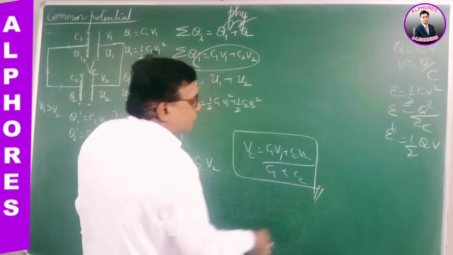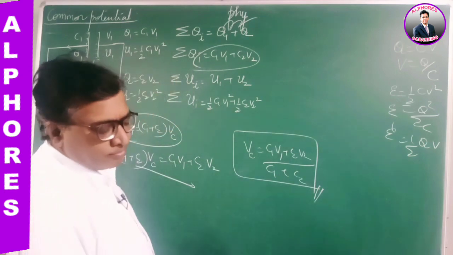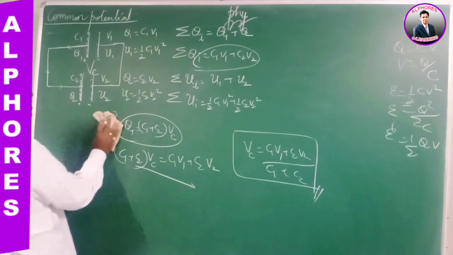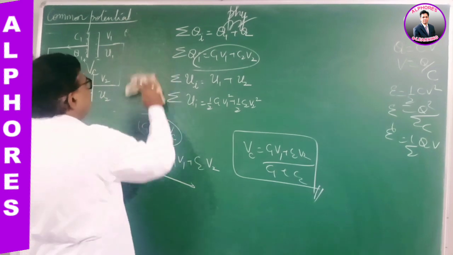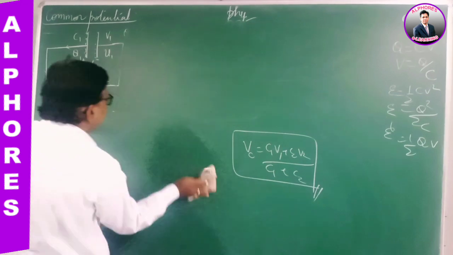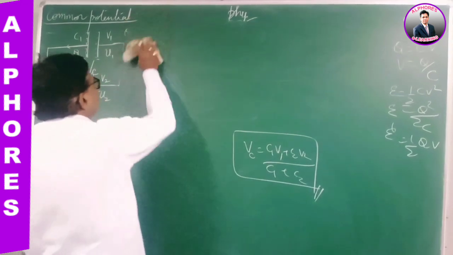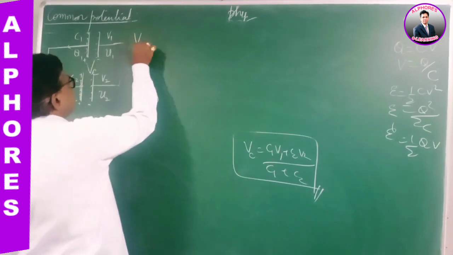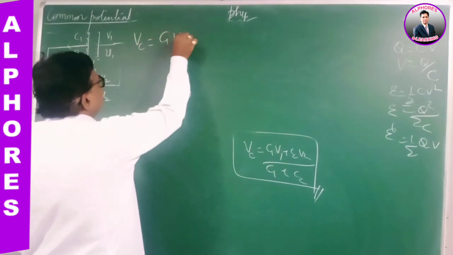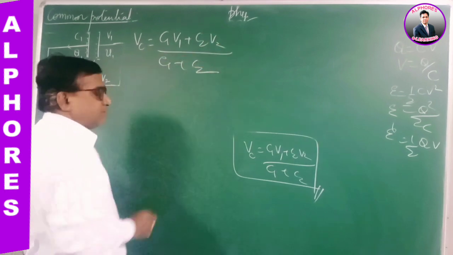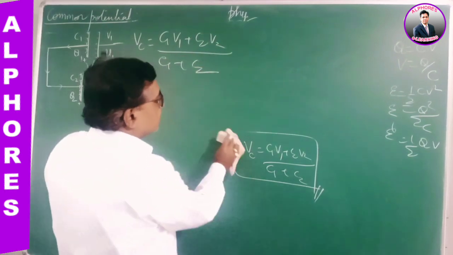This is the common potential of the system. So when I combine both capacitors like this, both attain a common potential Vc, given as C1 V1 plus C2 V2 by C1 plus C2.